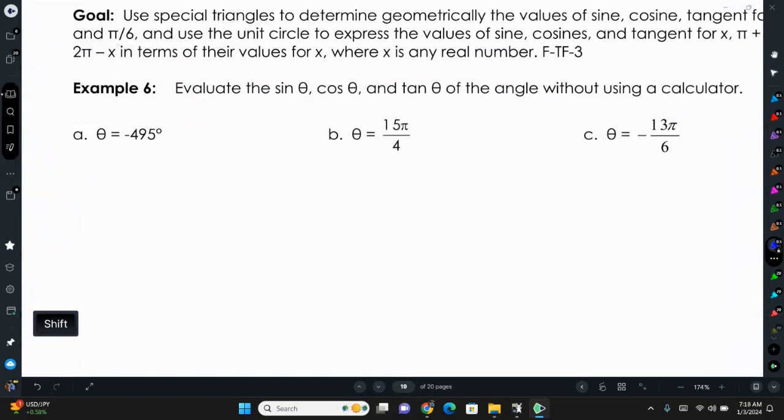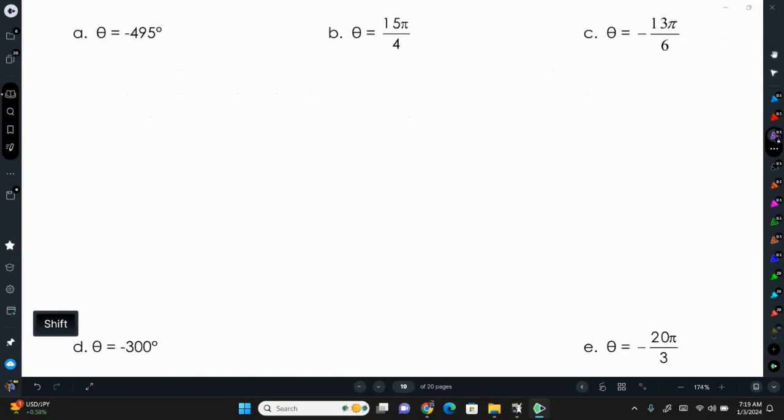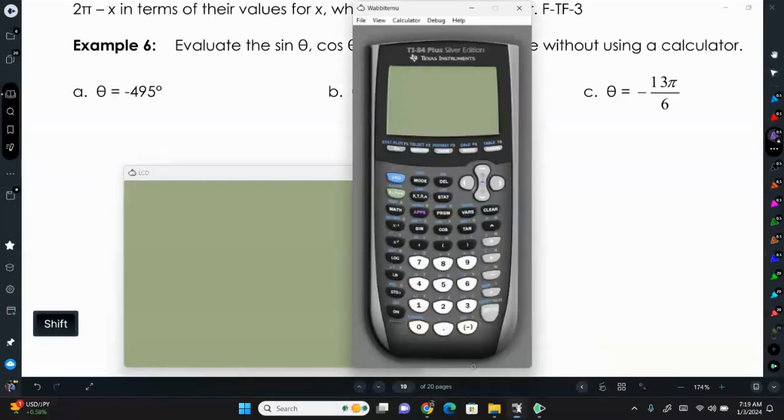Example 6 says evaluate the sine, cosine, tangent of the angle without using a calculator. Now, negative 495 degrees is not on the unit circle, but we know that we can add 360 to that.